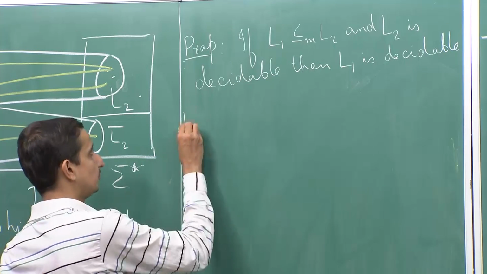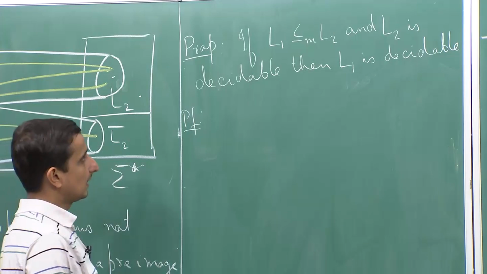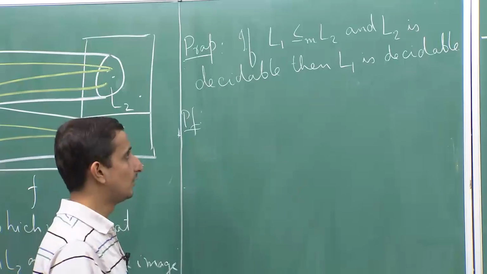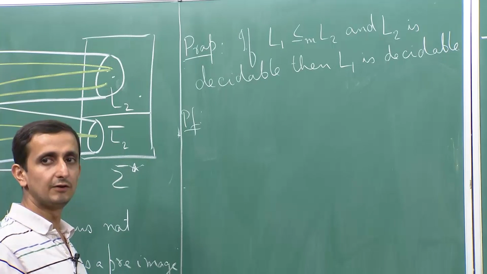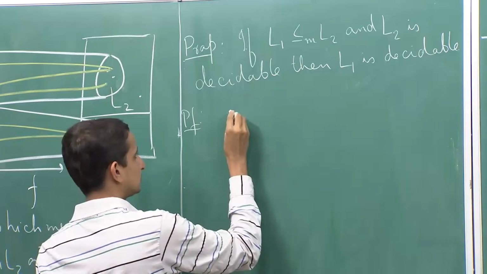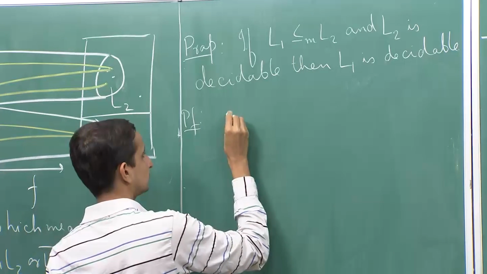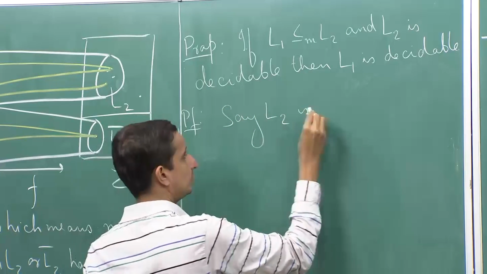So why is this? The proof is not difficult to see. Suppose I want to prove that L1 is decidable. I have to construct a Turing machine for L1. I know that L2 is decidable.